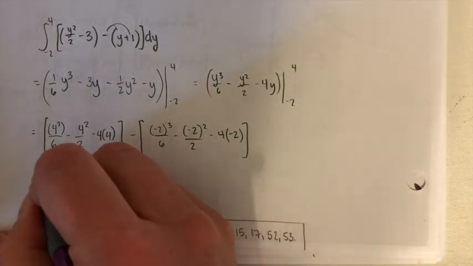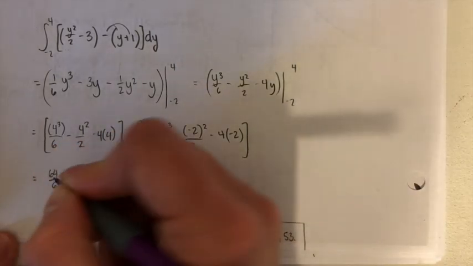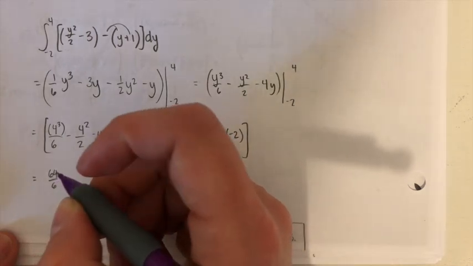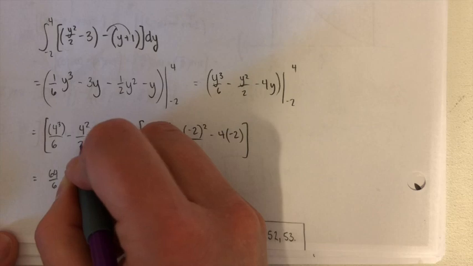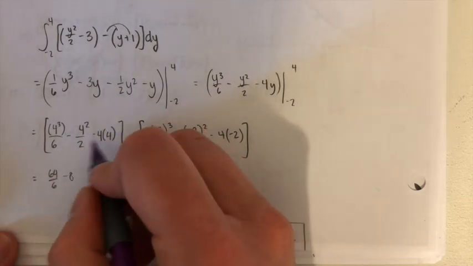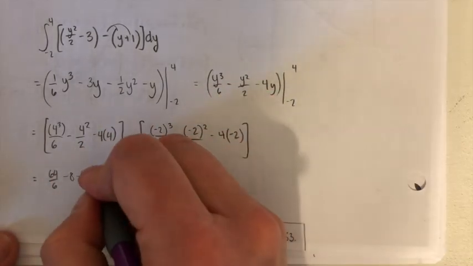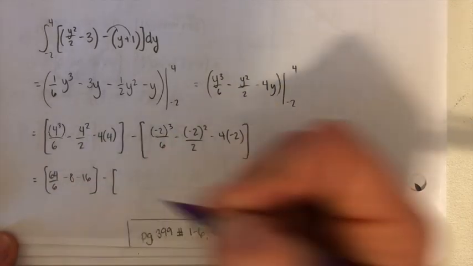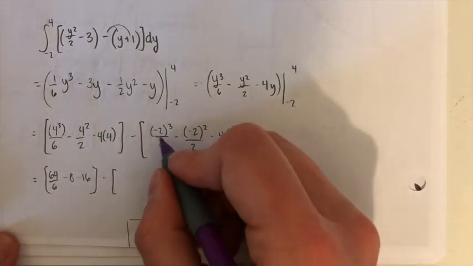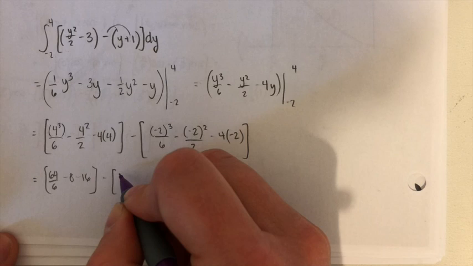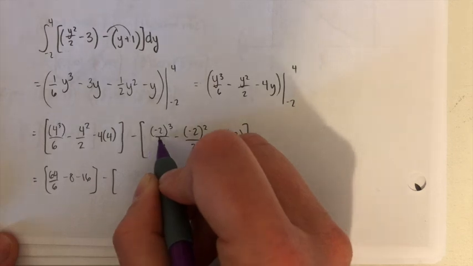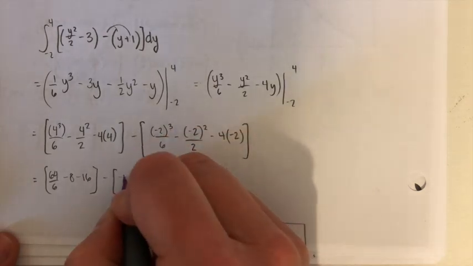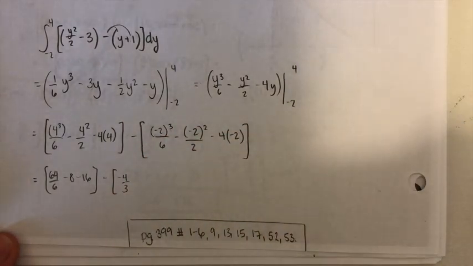So this is 64 over 6, minus 4 squared is 16 divided by 2, so that's -8, and then minus 16, and then minus, -2 cubed is -8, so that's going to reduce to -4 over 3.